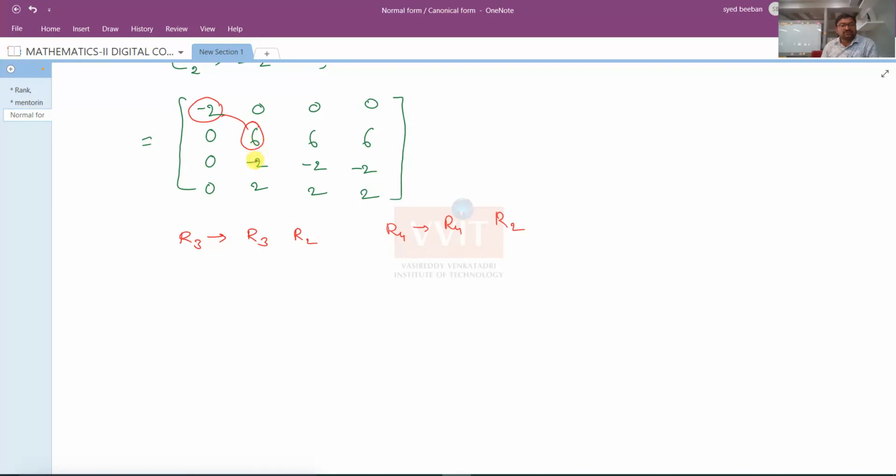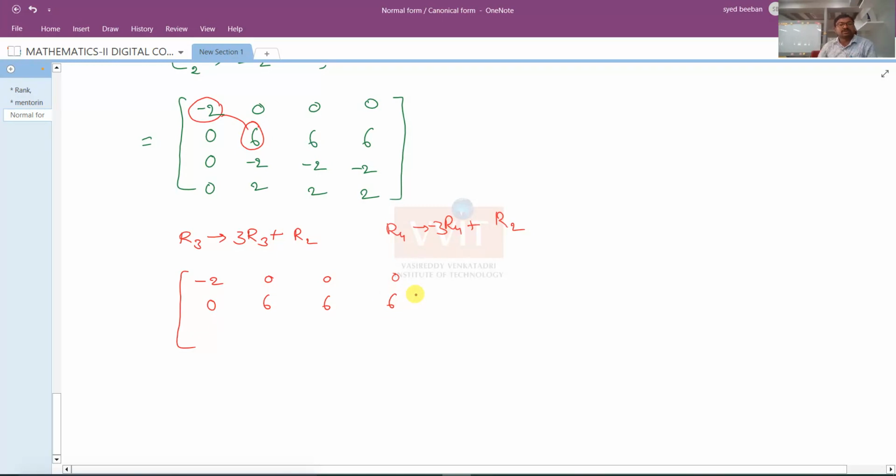So if I make it minus 6, it could be easy. That's the reason for multiplying with the 3. So it will be minus 6, then add. Here plus 6, here if it is a minus 6, that means multiply with minus 3. Add. That's it. So I may get here R3, R4 only updated. So R1 and R2 will be as they are. Minus 2, 0, 0, 0, 0, 6, 6, 6.